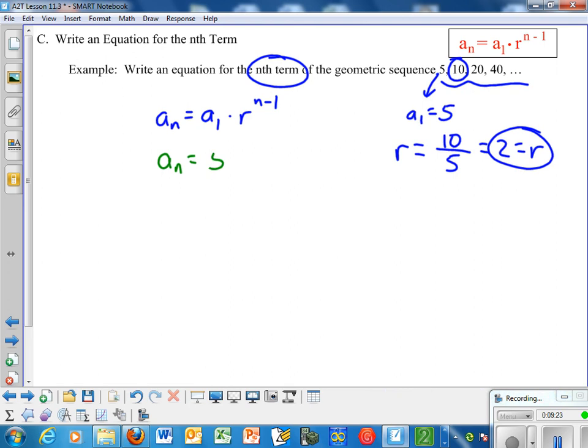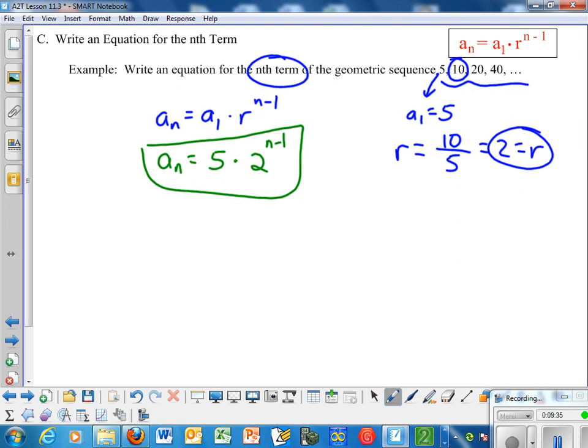It's a1, 5, times r, which is 2. When r is positive, I usually don't put it in parentheses, but you could, to the n minus 1 power. You cannot simplify the right-hand side any further. You can't multiply 5 times 2, because if you knew what n was, you'd have to do the 2 to that power first and then multiply by 5. So that would be what they're looking for there.